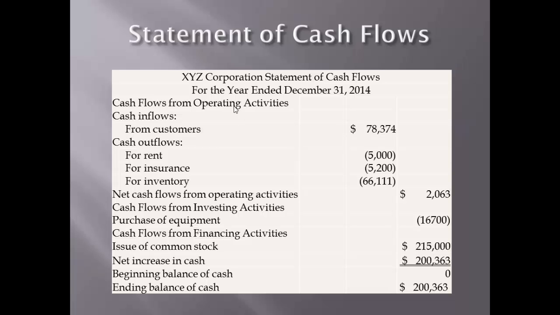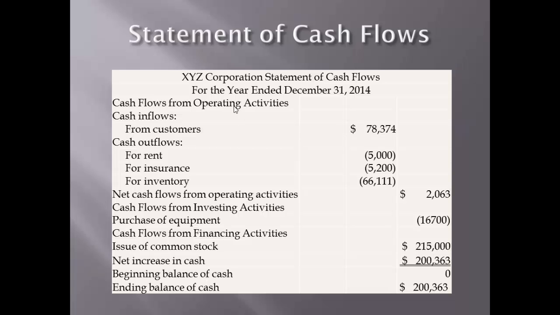So we see that many of the items under operating activities are related to the day-to-day business operations of the company. Cash provided by operations is generally considered to be the best measure of whether a company can generate sufficient cash to continue as a going concern and to expand.